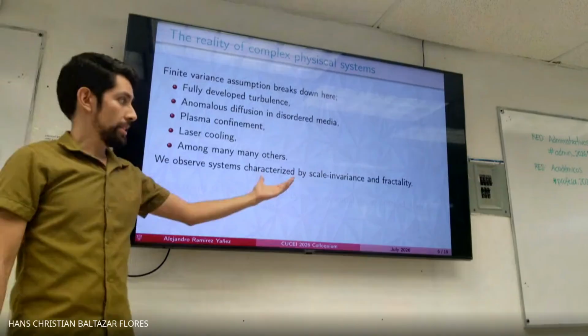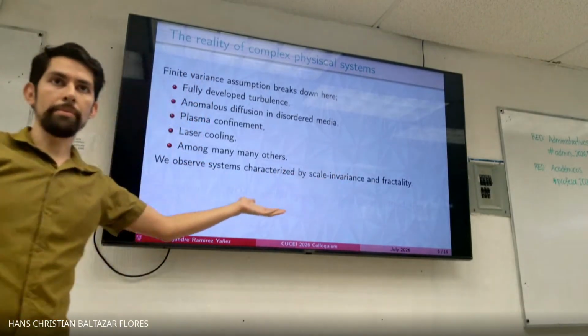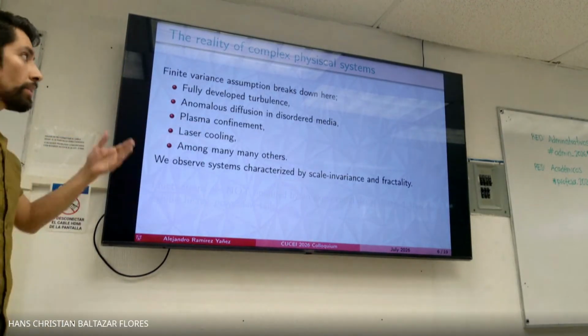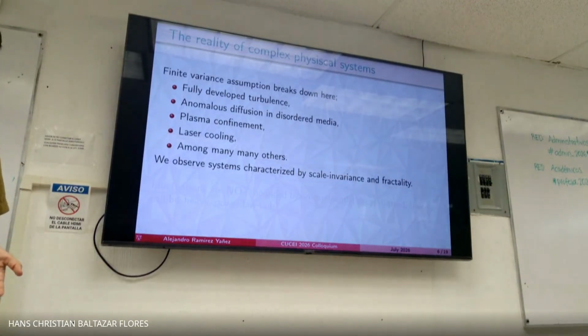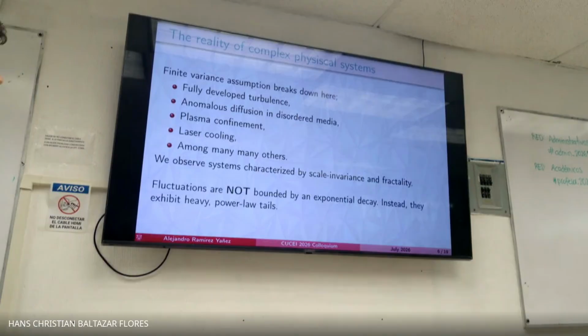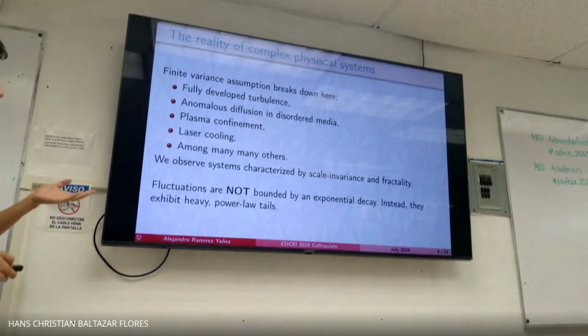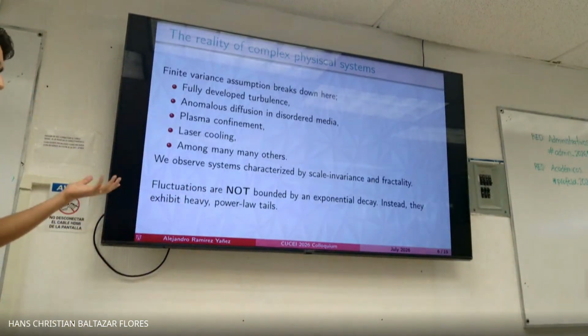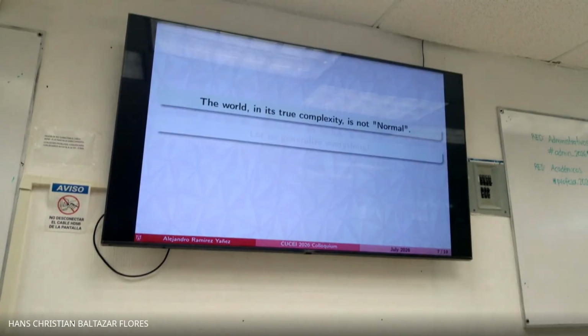So if your system is scale invariant and has fractality, then the finite variance assumption will break down. If you don't have finite variance, the central limit theorem no longer works, and then the distribution of those variables is not a Gaussian distribution. So the fluctuations in these phenomena are not bounded by exponential decay. Instead, they exhibit heavy power-law tails. So the first takeaway of this talk is that the world in its true complexity is not normal.